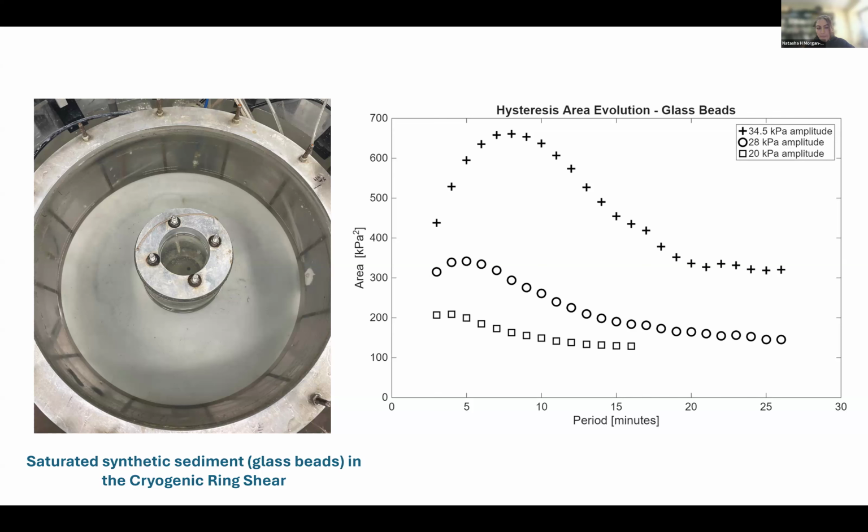We can go even lower to about 20 kilopascal amplitude. This initial non-monotonic decrease and then trending upwards isn't as visible. We can kind of see a peak there. As we get to the lowest amplitude, we can see just the end of that non-monotonic trend, but we can't really see the peak.